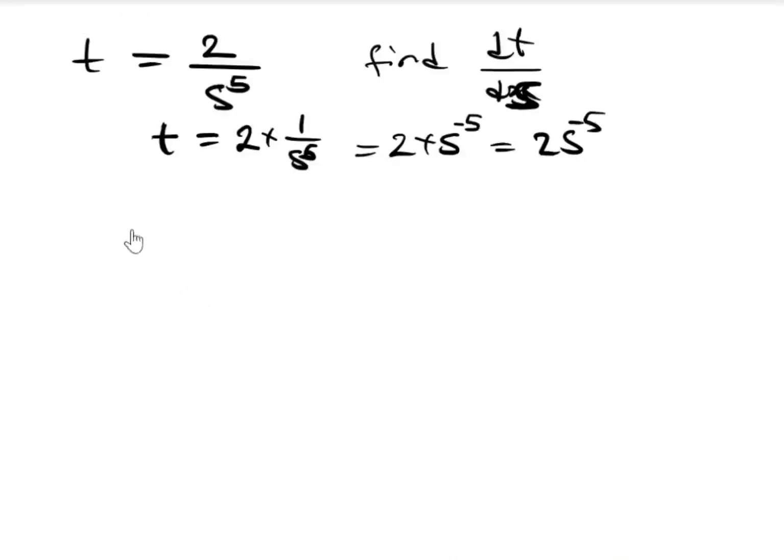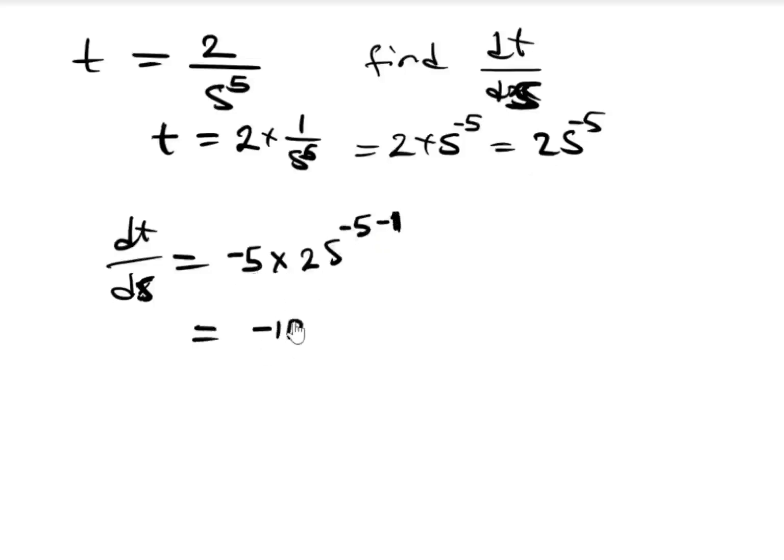This implies that dt/ds is equal to, the power of s here is minus 5 multiplied by 2s^(-5-1). This is equal to minus 5 multiplied by 2 will give me minus 10. s^(-5-1) will give me s^(-6).